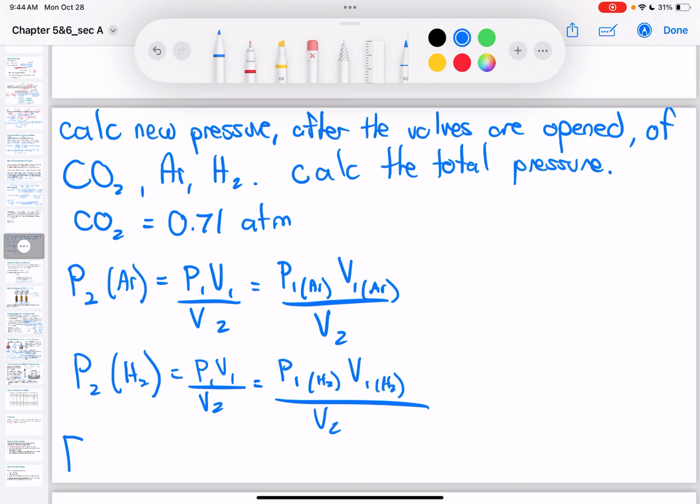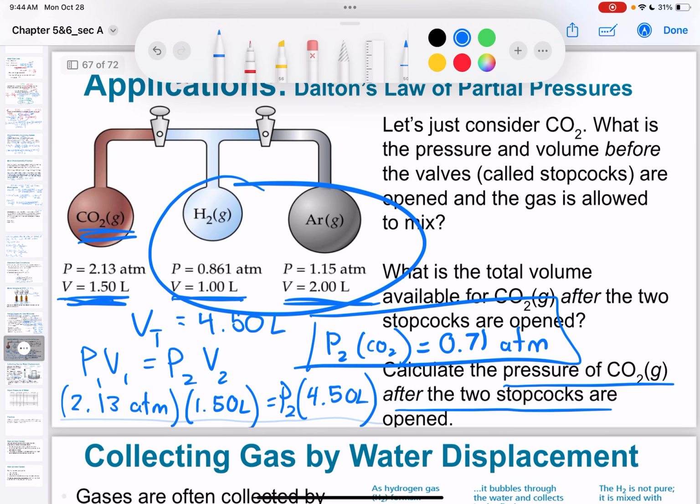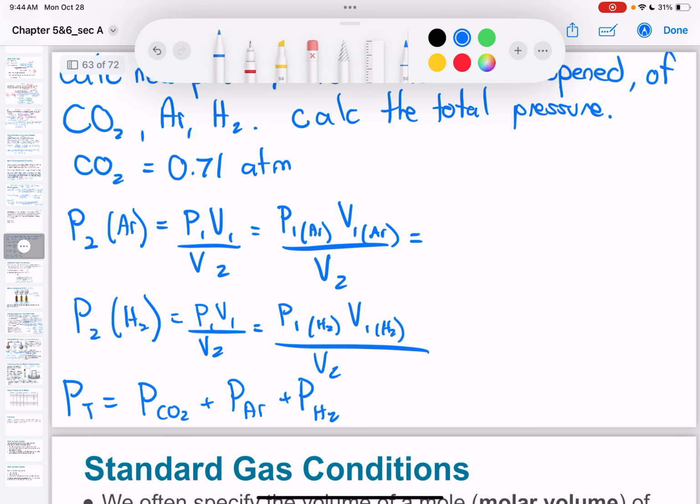Okay, and then the total pressure is going to be the pressure of CO2 plus the pressure of argon plus the pressure of H2. Okay, so for argon, the initial pressure and volume, 1.15 and 2 liters.